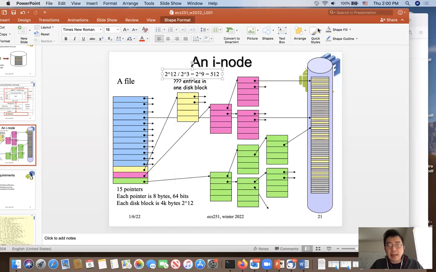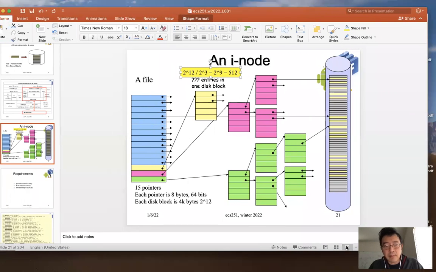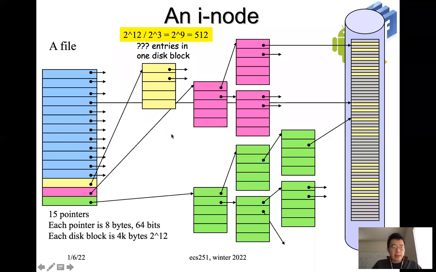Okay, let me put a color here so we can see it nicely. Yeah, so this yellow box here, I want to discuss a little bit. Let me make it a little bit bigger. Okay, this is the assumption about what we have.